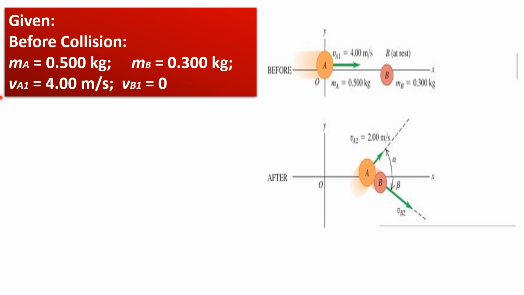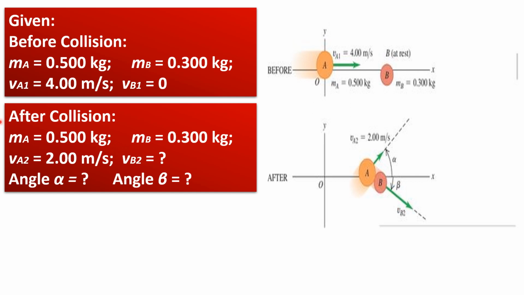The initial velocity of particle A, labeled here as v sub A1, is given, which is 4.00 meters per second, directed towards the positive x-axis, while particle B has no initial velocity, so v sub B1 is equal to 0.